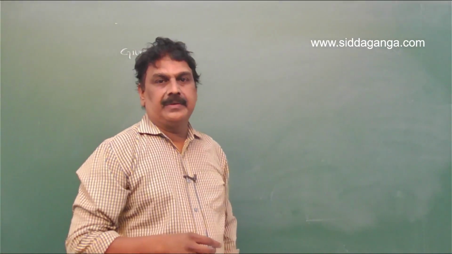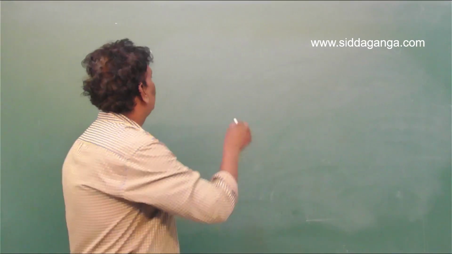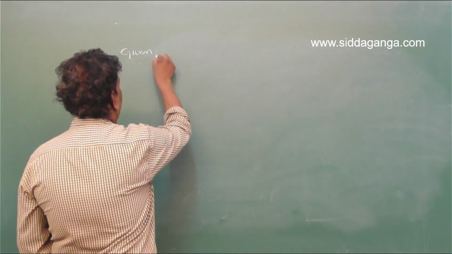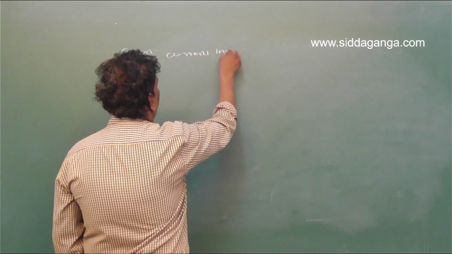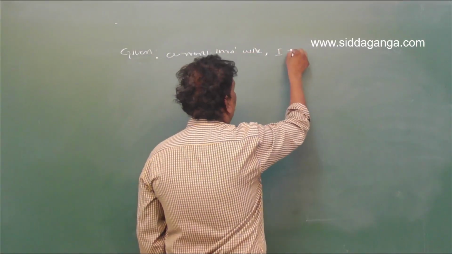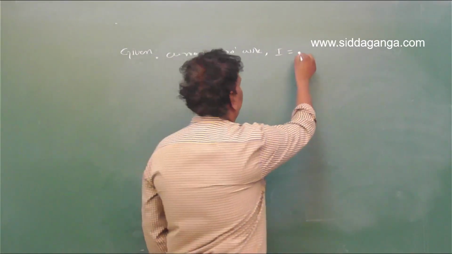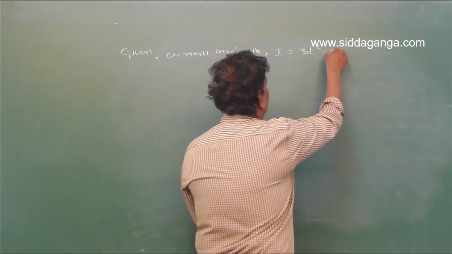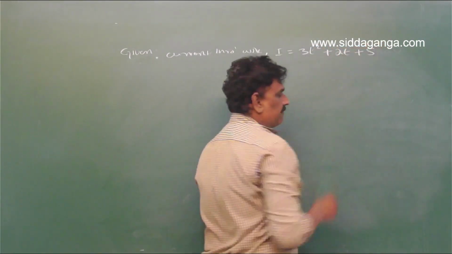Now, here we have been given the current through the wire, right. So the current through the wire is given by I is equal to 3t square plus 2t plus 5.